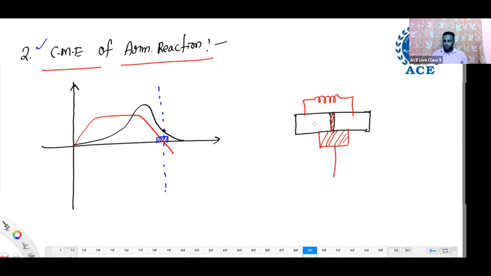Now if you consider that previous commutator figure, observe here. Segment A, segment B. Now during that, is coil Y behaving as a short circuit or not? Yes. During this, coil Y behaves as a short circuit through the brush. There is conduction throughout that.